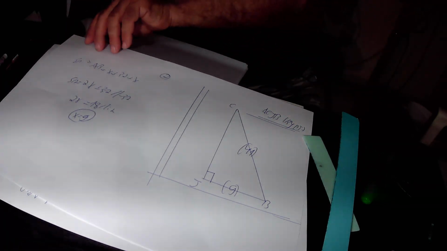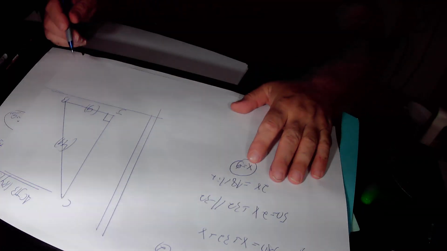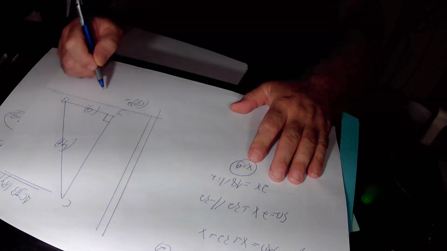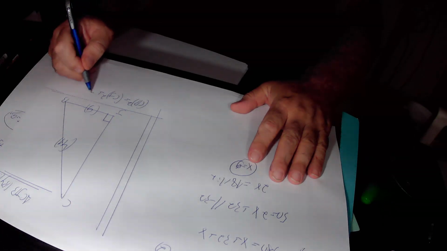So I'll write it down. CB square, that is the square of the hypotenuse, equals CJ square plus JB square.